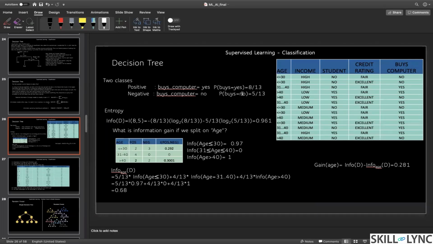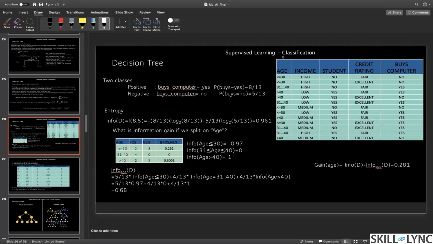So as I told, we have to stop in the middle by compromising with the accuracy so that it doesn't overfit. Overfit in the sense we are trying to resolve every minute piece of information from the data set at the training level, but it's not necessary that it could be generalized to a test data set, right? So it will overfit the training data set, right? So that's the reason.